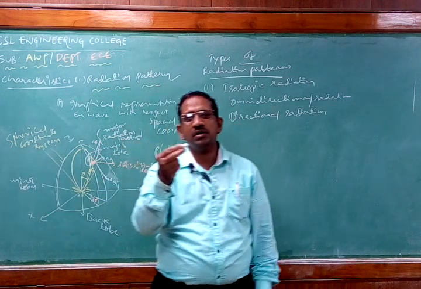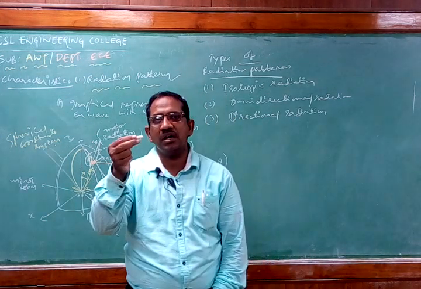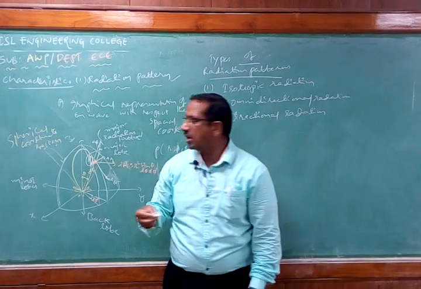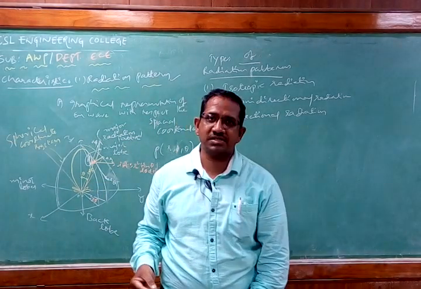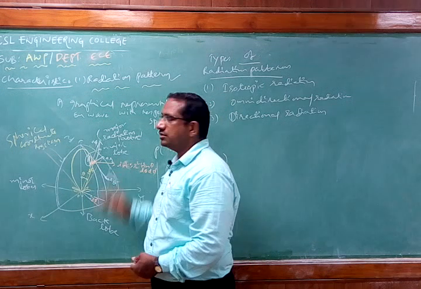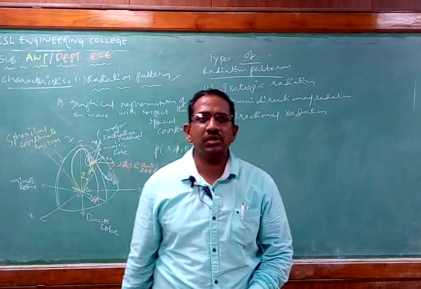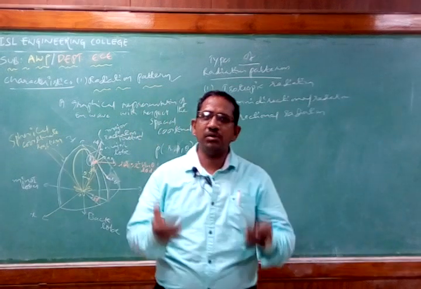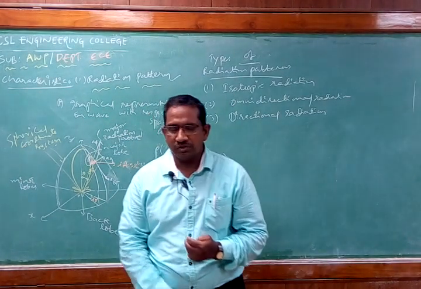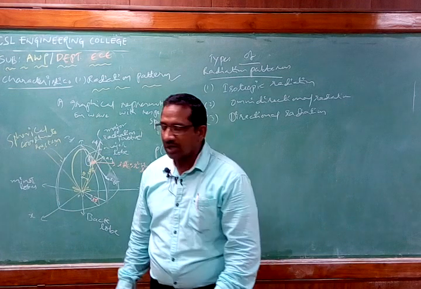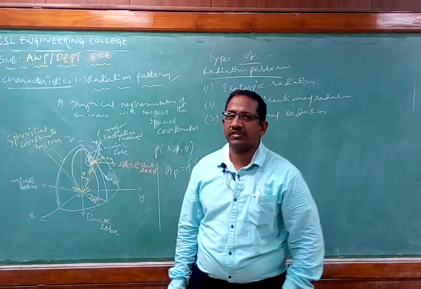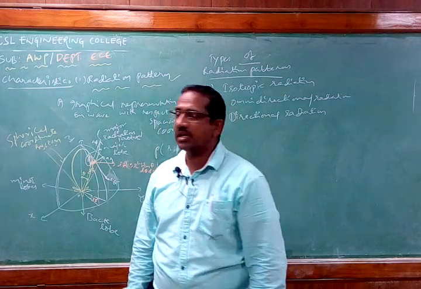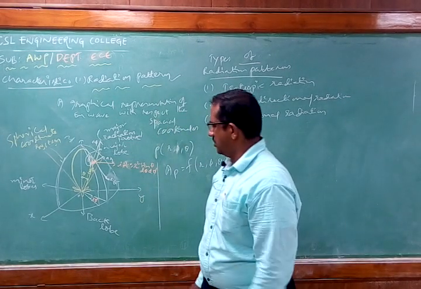I am able to figure out the direction of this particular chalk and the rotation of this particular chalk, how it is moving, everything I am able to find out if I go with the coordinate system, right? So here in the case of antennas, all antennas are going to consider a spherical coordinate system at the time of radiating as well as at the time of receiving the signals. So therefore we are always going to consider the spherical coordinate system in antennas and wave propagation for an antenna to radiate an EM signal or EM wave.